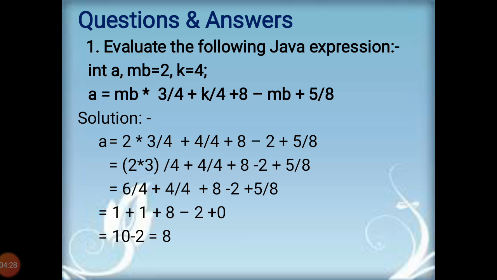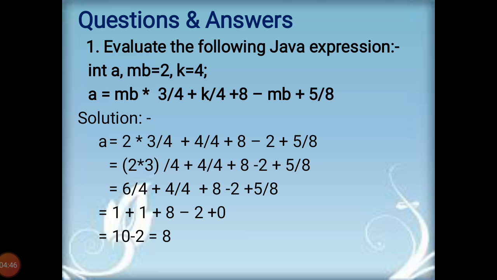In the same way, in this expression a = 2 * 3. First we do the multiplication 2 * 3 in the first step. In the second step, I have done the division 6 / 4, 4 / 4, 8 - 2.